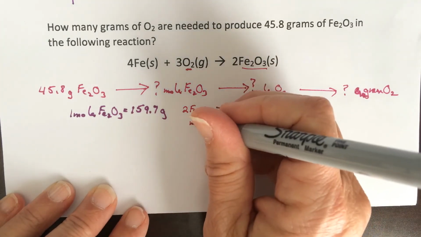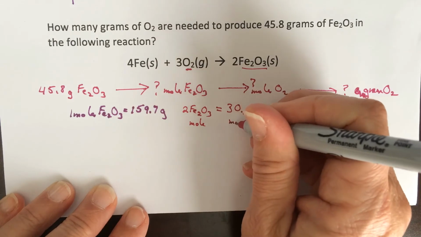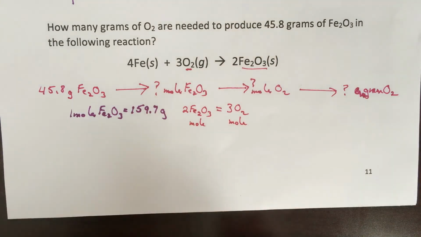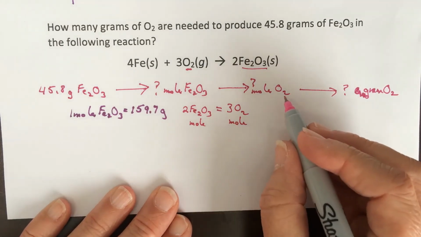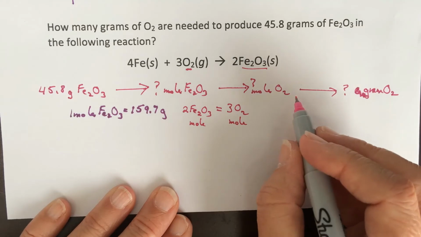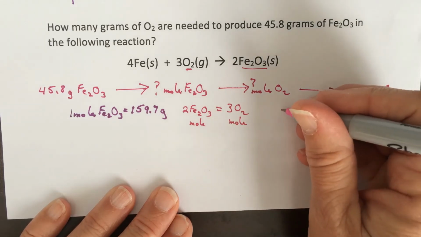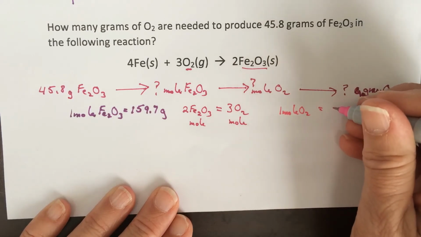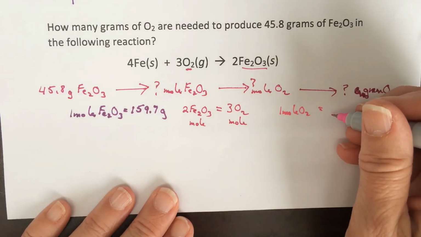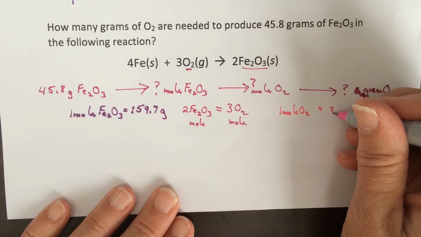And these are moles. I didn't put that, but these are moles. Lastly, we're going to want to take our moles of oxygen and change it to grams. We'll need the molar mass to do that. So 1 mole of O2 is equal to, 1 atom of oxygen is 16, so 2 would be 32.